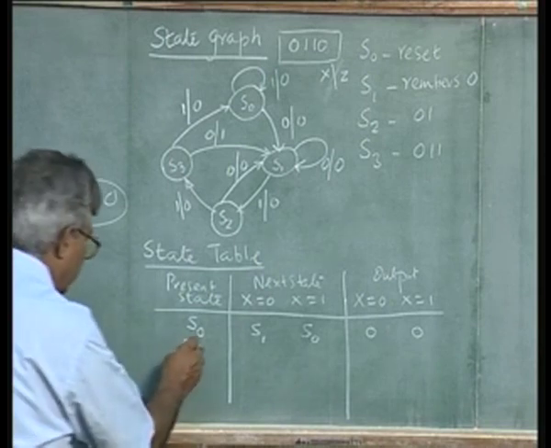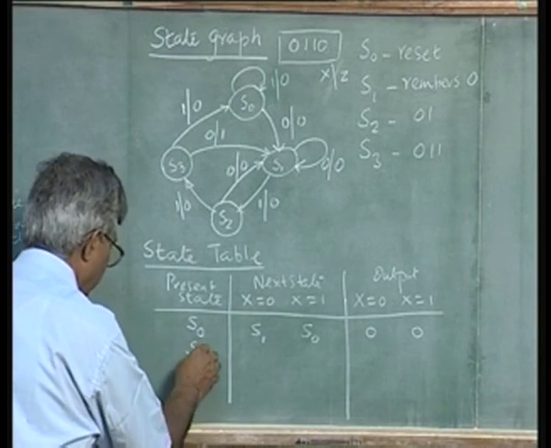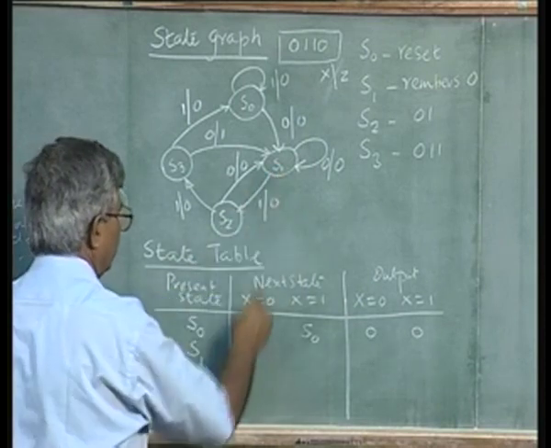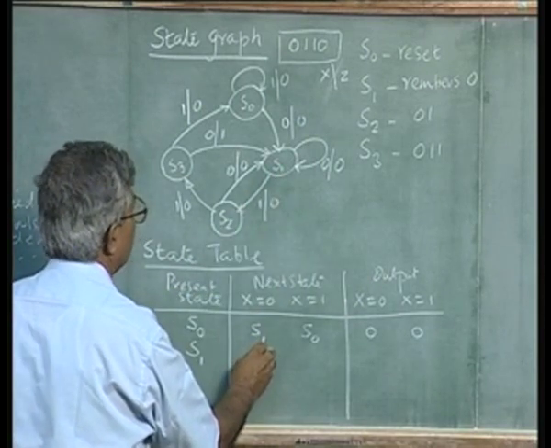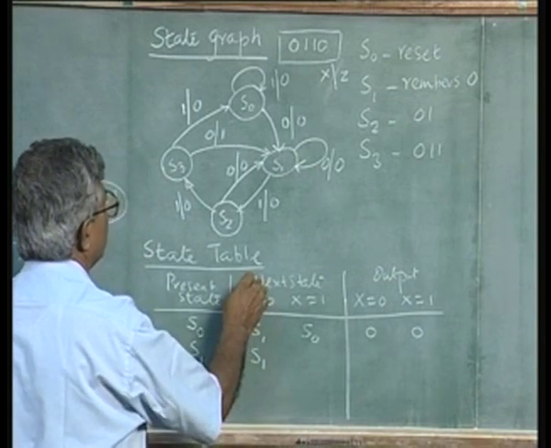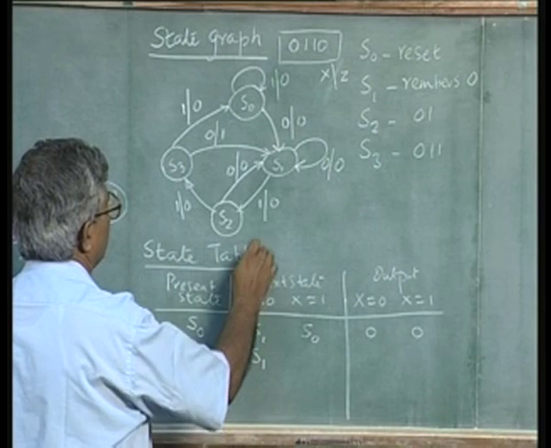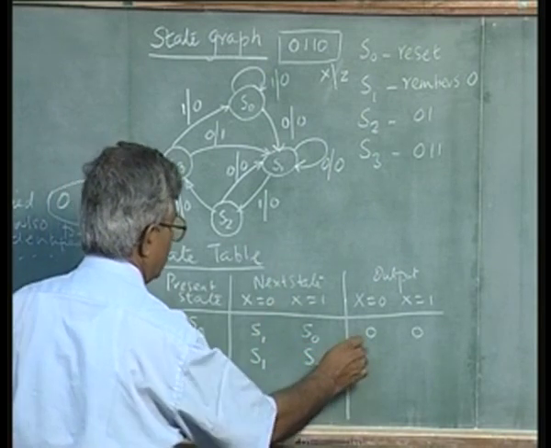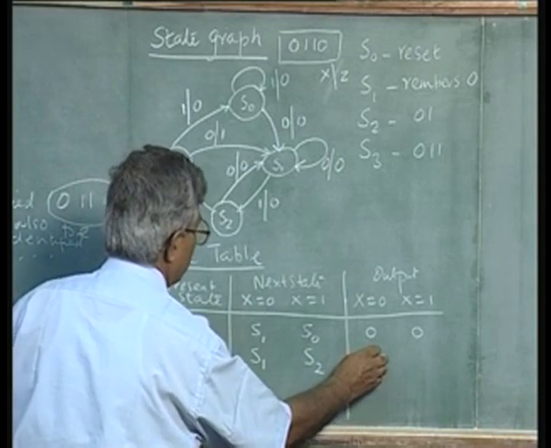If the state is S1 and the input is 0, you remain in S1. If the input is 1, you go to S2. In both cases the output is 0.